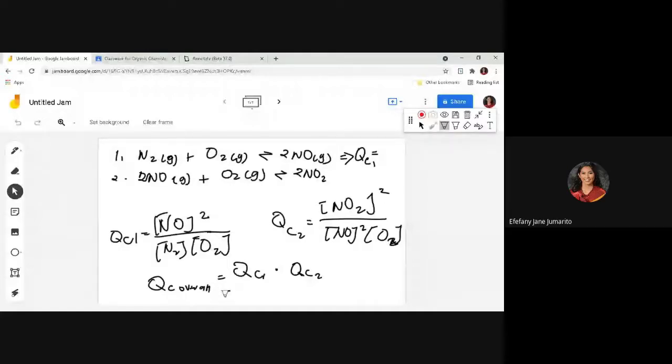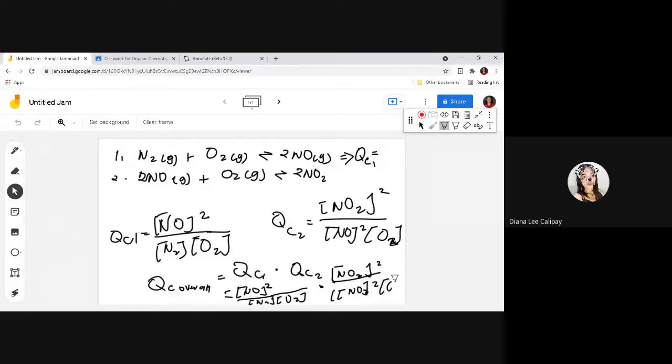Okay. So what is QC1? NO raised to the power of 2 over N2 times O2, times NO2 to the power of 2 over NO to the power of 2 times O2. Now, how do you do that?